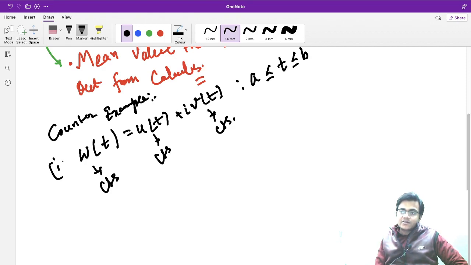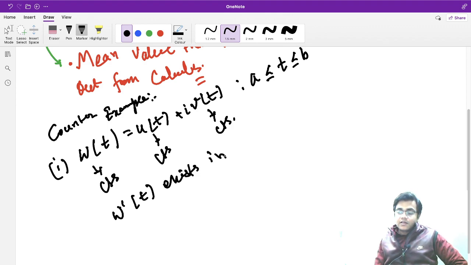This is the first case, Lagrange's mean value theorem. First case, w of t is equal to u of t plus iota v of t. It should be continuous in the closed and bounded interval a b. Let's say w dash t exists in the open interval a to b. These are the two conditions.